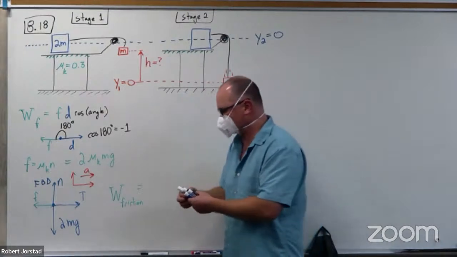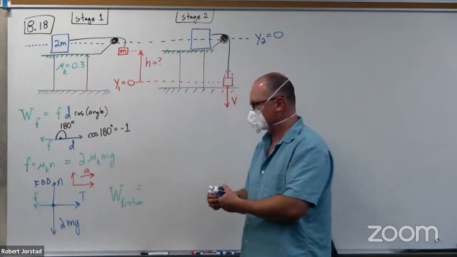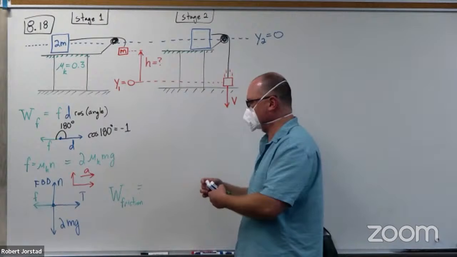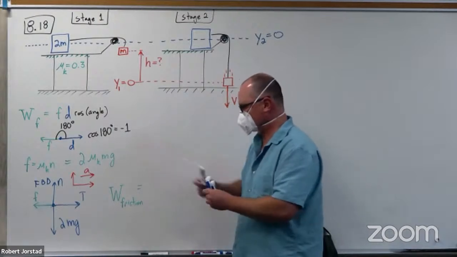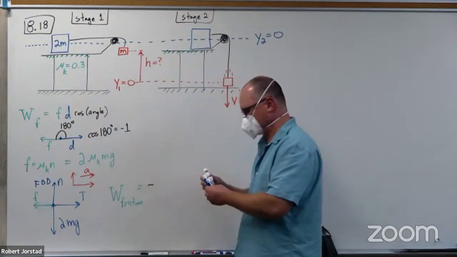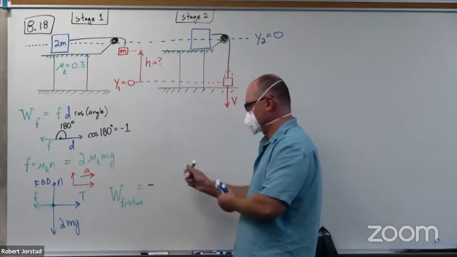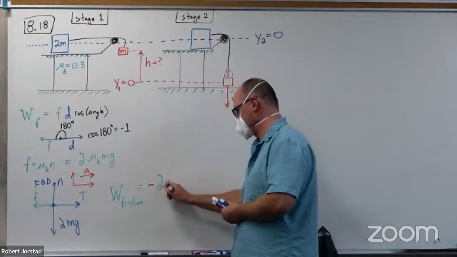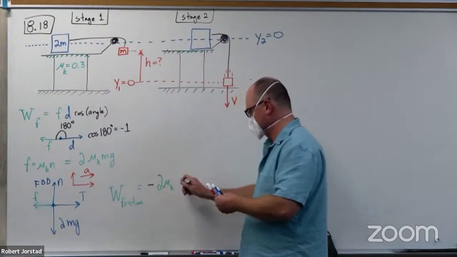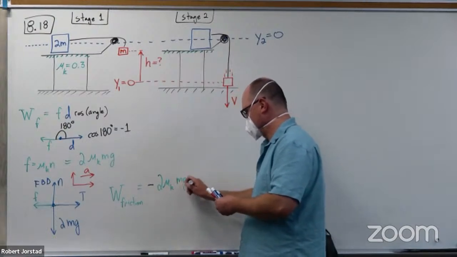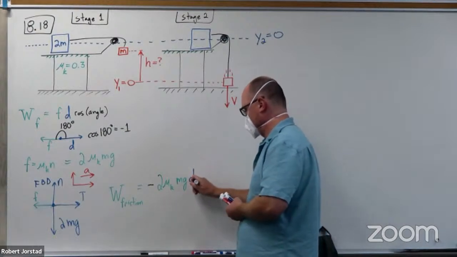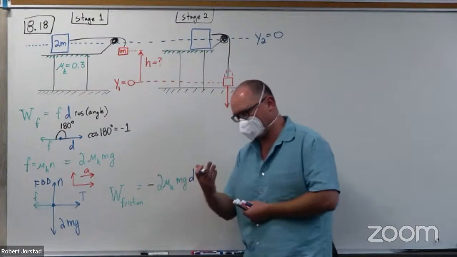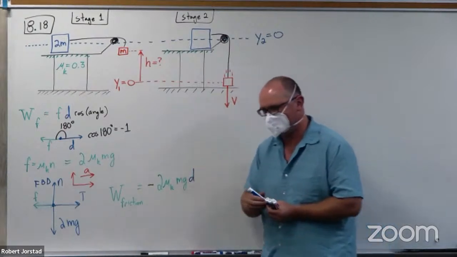What's the final answer for it? Negative mu kinetic mgd, or negative 0.6 mgd.